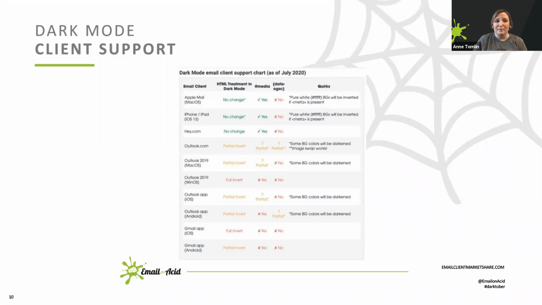And Outlook.com, you can also put in styles using the media query for dark mode, but Outlook.com will still take your colors that you've specified and darken them a little bit.